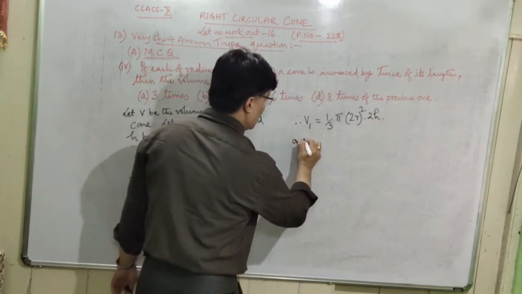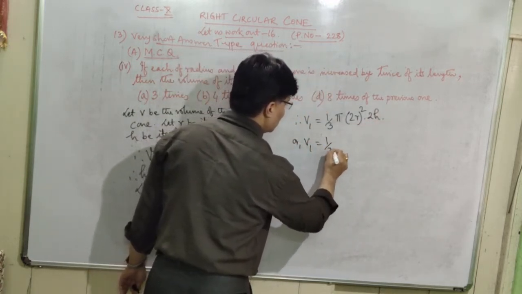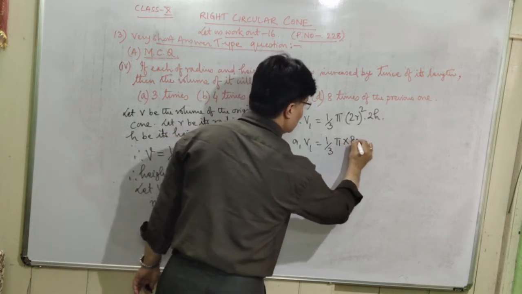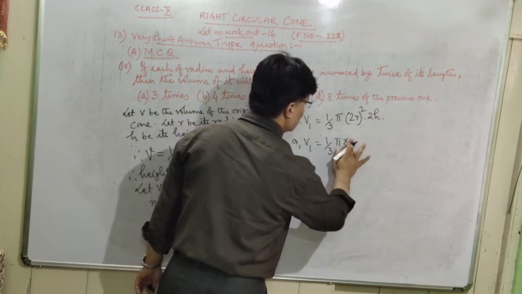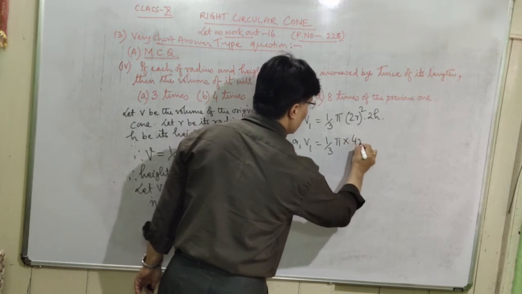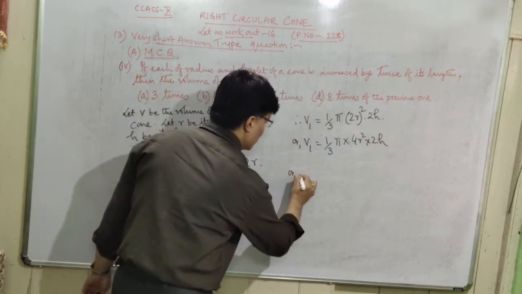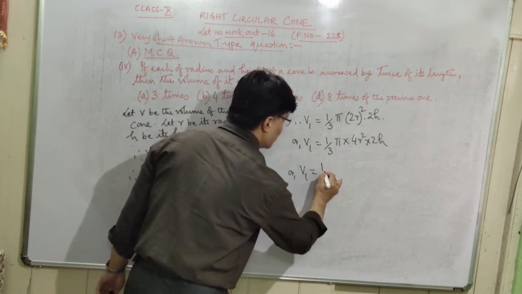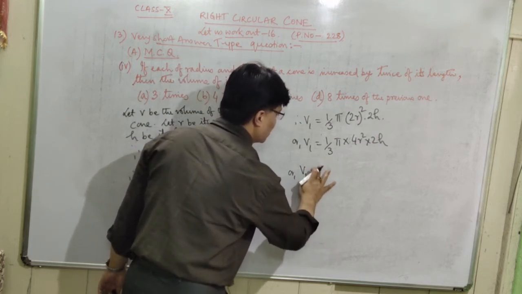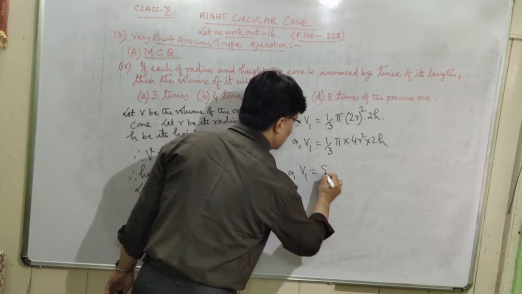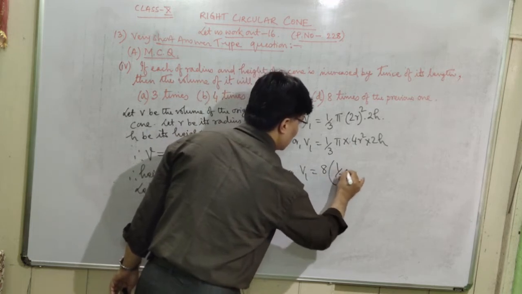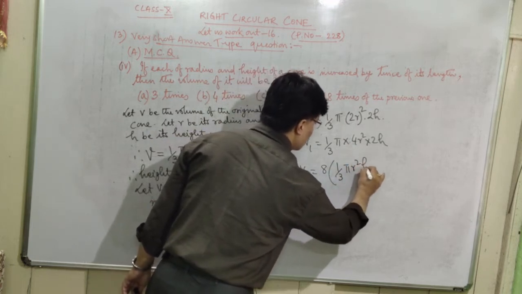Okay. So V1 is equal to 1/3 pi into 2 whole square is 4r square into 2h. Or you can write V1 is equal to 4 twos are 8, and then within bracket you can write 1/3 pi r square h.